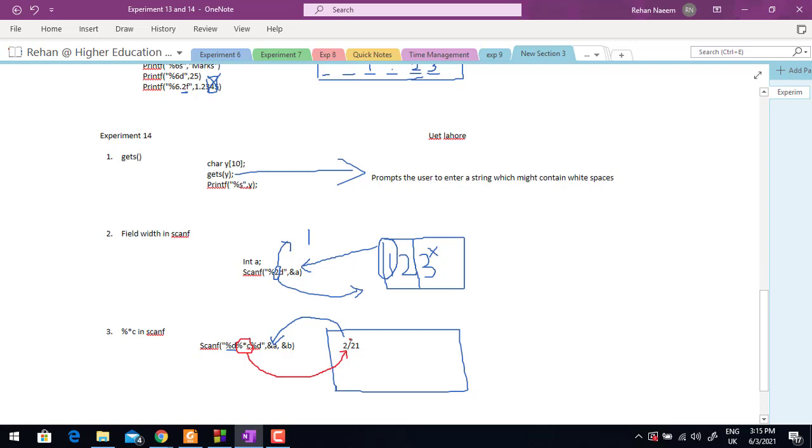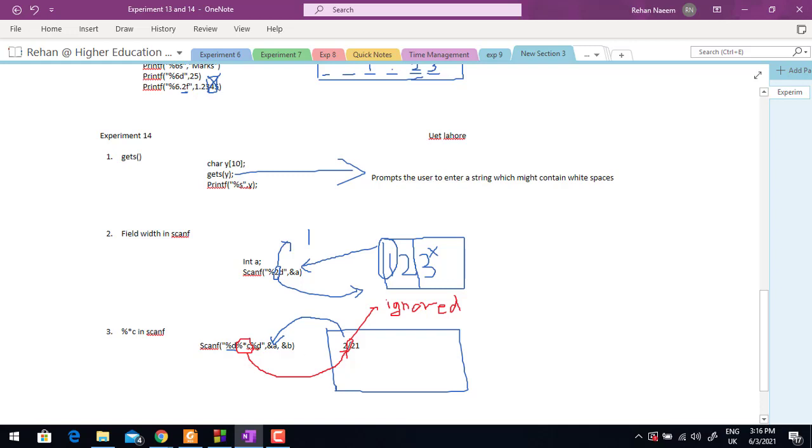So this slash sign will be ignored. It will not be stored in a or in b. So %*c basically instructs the computer to ignore the character that is being entered by the user after the integer 2.